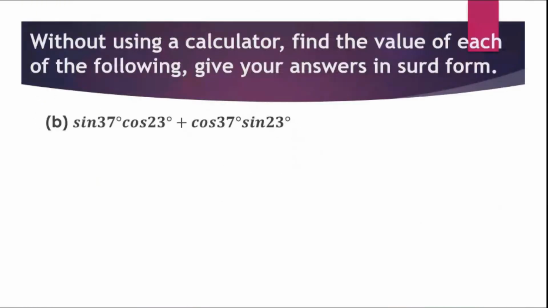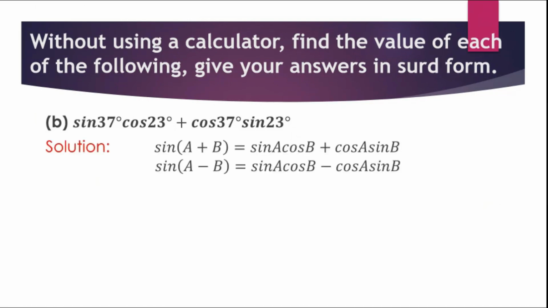Okay, let's have another example. Okay, so ito naman, sine 37 degrees cosine 23 degrees plus cosine 37 degrees sine 23 degrees. So among the 6 formulae, we have these two. Okay, so alin kaya dyan yung pwede nating magamit para sa given? So pansinin ninyo, ang A natin is 37, ang B natin ay 23. So using this formats, alin kaya dyan yung swak?